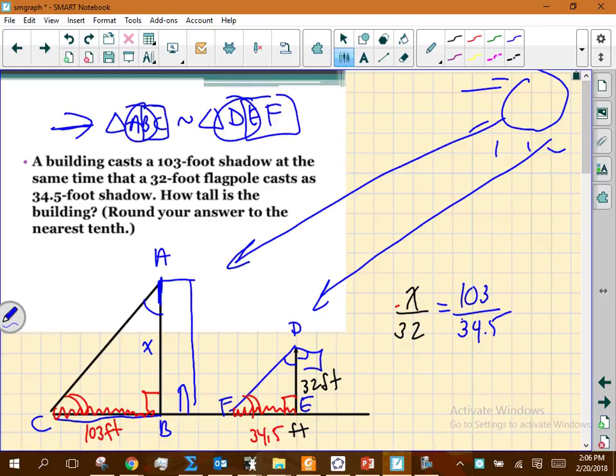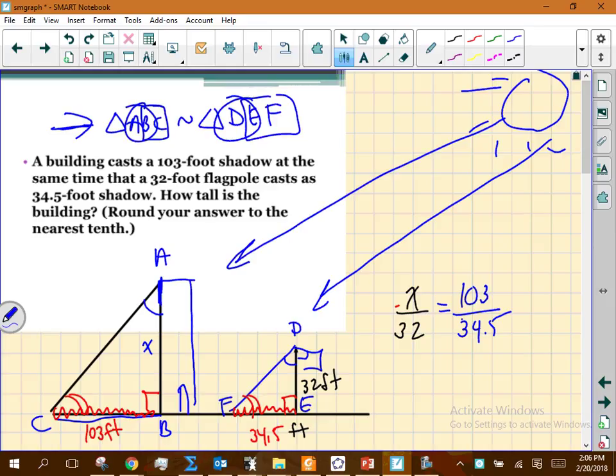Okay, 32 feet for the flagpole might be a specification that we know because that's the type of flagpole we bought. We can measure off that 34.5 feet pretty easily on the ground. We measure the 103 feet pretty easily on the ground. So they're accessible, attainable values that allow you to measure the height of that building, which might not be an accessible or attainable value.